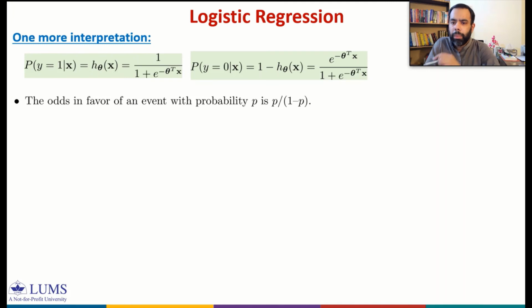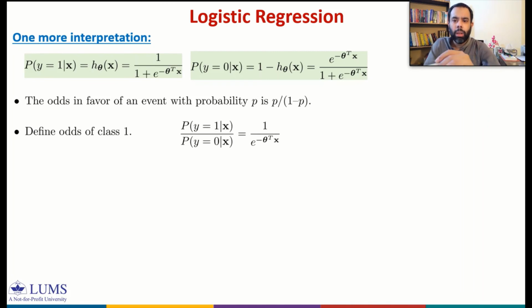So if we use the concept of odds in favor of an event, and define odds of class 1, we simply take the ratio of the probability of y equal to 1 given x divided by 1 minus the probability of y equal to 1 given x, which is in fact the probability of y equal to 0 given x. So this is the odds for class 1.